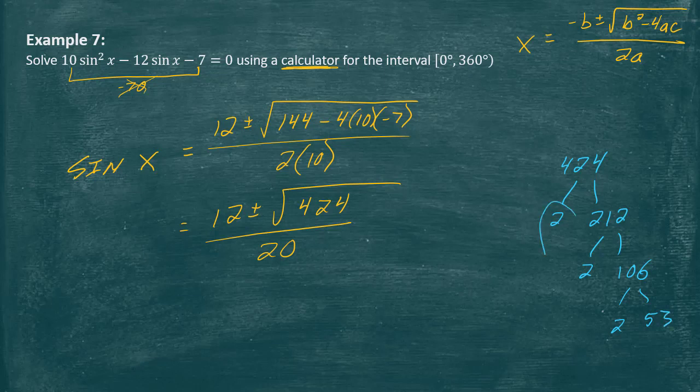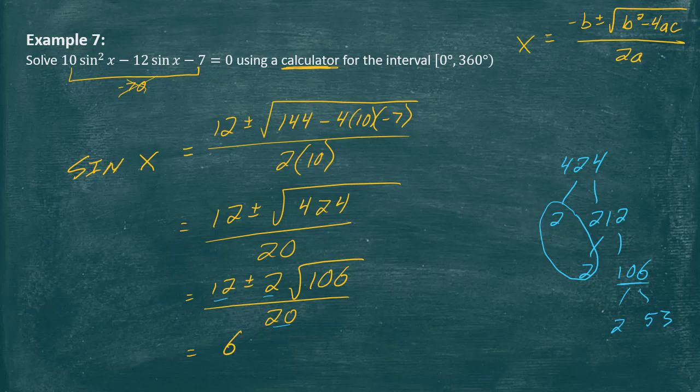So it looks like I just get a single pair of 2's that I could factor out, and then the 106 stays. So if I did that, I've got now 12 plus or minus the 2 that was able to pair up times the square root of 106, over 20. And now all the numbers on the outside, the 12, the 2, and the 20, are all divisible by 2. So I'll go ahead and just divide them all by 2.